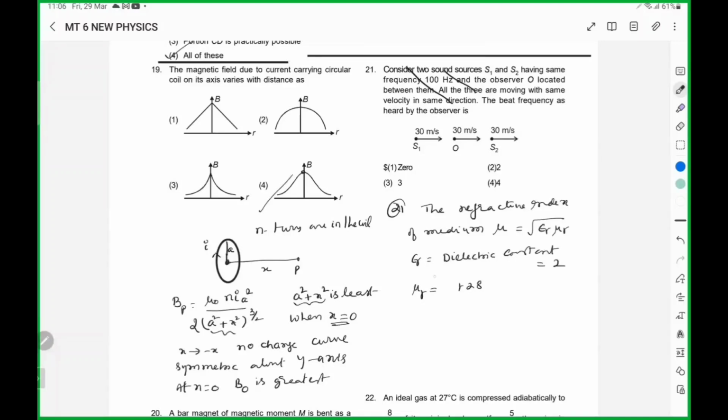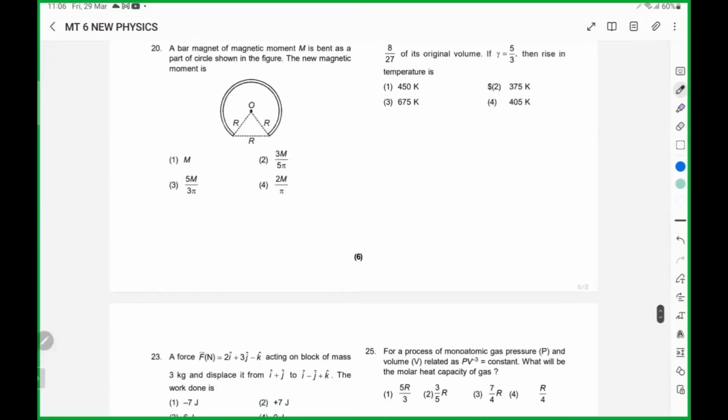So what he is asking is the refractive index, that is root of 2 into 1.28, root of 2.56, which is 1.6. The question is: he has given epsilon r, he has given mu r, and he is asking the refractive index.